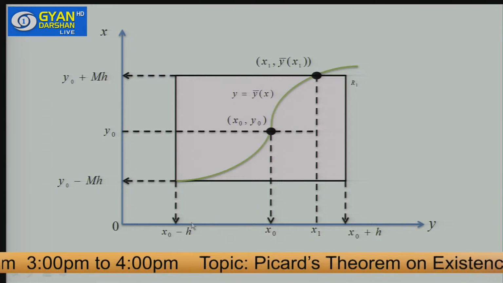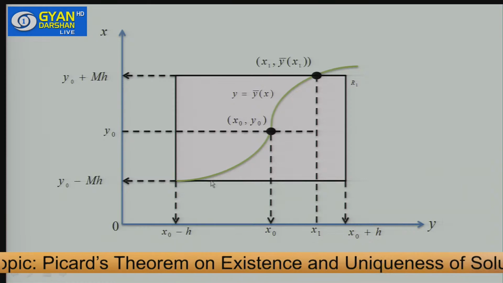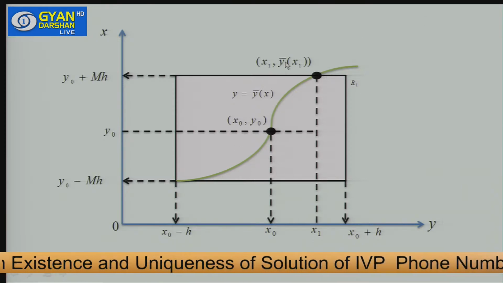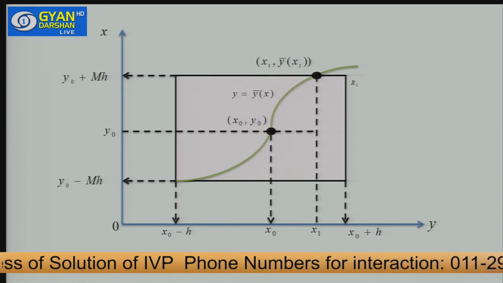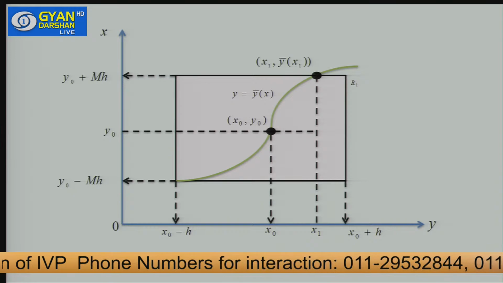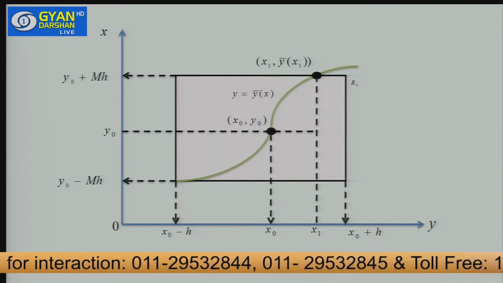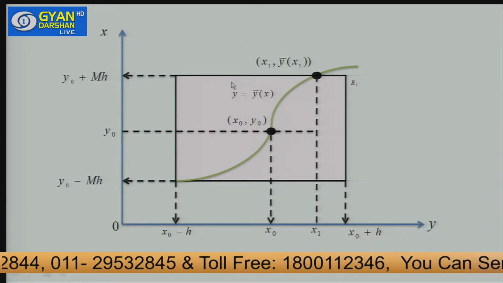In the whole domain of x0, y should not leave R1, and y bar is another solution. As I have already discussed in the roadmap, we will assume that y bar is another solution, and ultimately we will show that y bar and y are equal. This is what we are going to show.